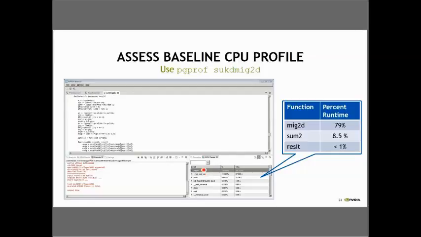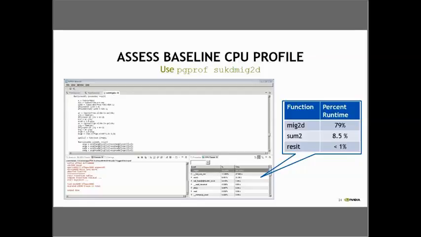You can double click on that particular function. It brings up the source area, and then you can do further investigation like we talked about earlier, just go through the iterative flow. You can also see the output from the console window. So as a result of running this through the profiler, sure enough, based on our pseudocode, 79% of the time is spent in that MIG2D function, 8.5% of the time is spent in SUM2, and less than 1% is in resid.